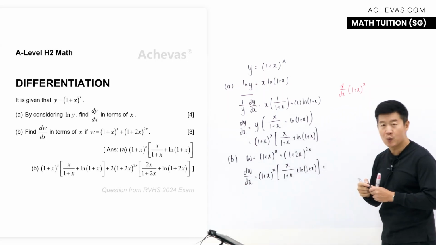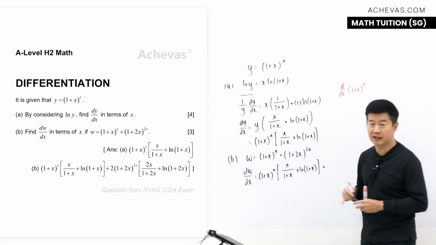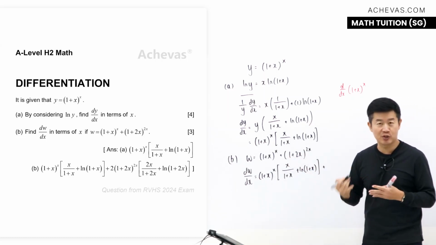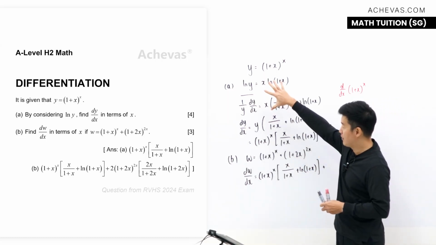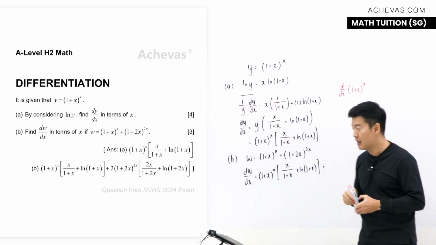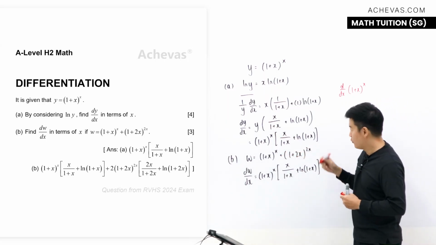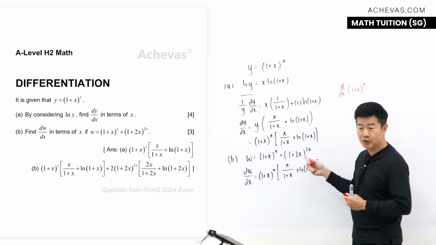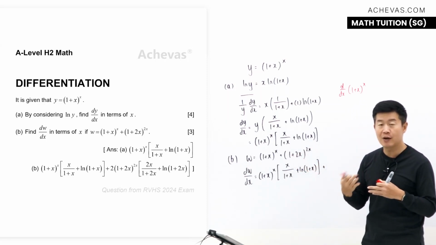The challenge comes when it comes to differentiating this. We can of course do this from scratch, just like how we have done it for part A. We will let y be equal to this, then ln both sides and so on. But you can also reference how we have been doing the chain rule.